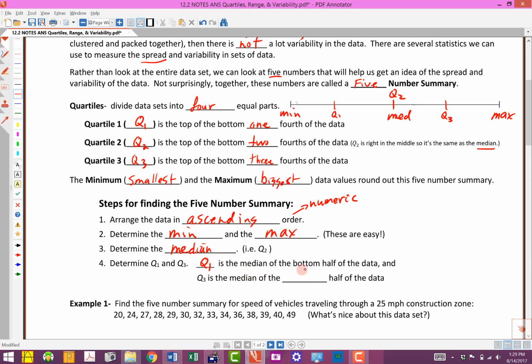Q1 is the median of this bottom half right here, and Q3 is the median of the top half right there.